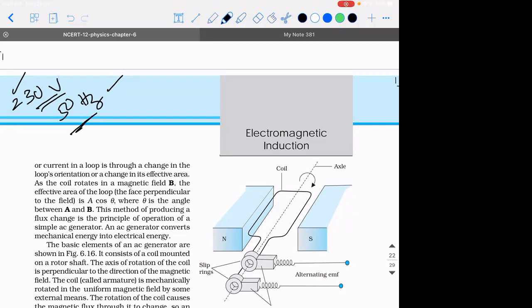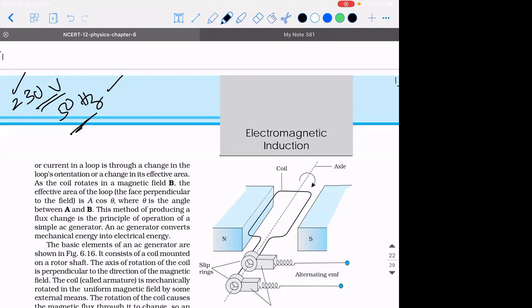I'm asking this question so many times because there is something to do with Faraday's law. What did Faraday say? What is Faraday's law of electromagnetic induction?